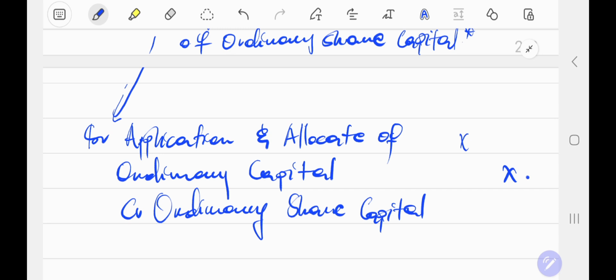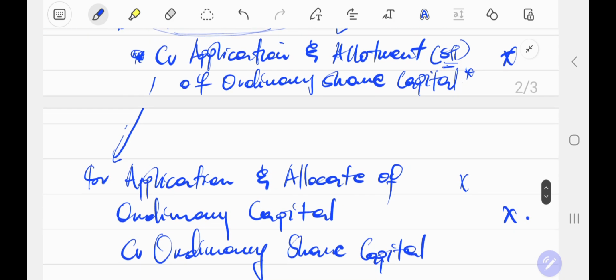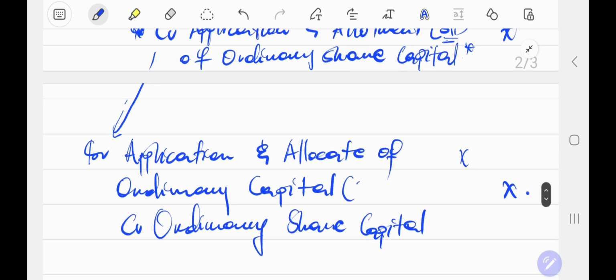You debit bank and credit application and allotment, depending on the type of shares, ordinary or preference shares. And then you debit the application and allotment of ordinary share capital, which is a current liability. So you are saying, now I'm derecognizing this current liability because I'm allocating these shares, right? So this is the allocation journal.